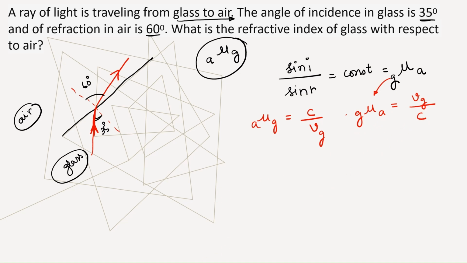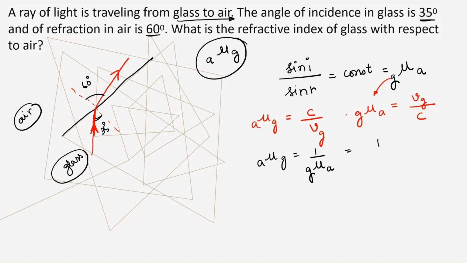Now what is the difference between the two? Both look reciprocal of each other, isn't it? Mu g by a, refractive index of glass with respect to air is c by vg, and here refractive index of air with respect to glass is vg by c. See that they are exactly reciprocal to each other, so we can write refractive index of glass with respect to air is 1 by refractive index of air with respect to glass.